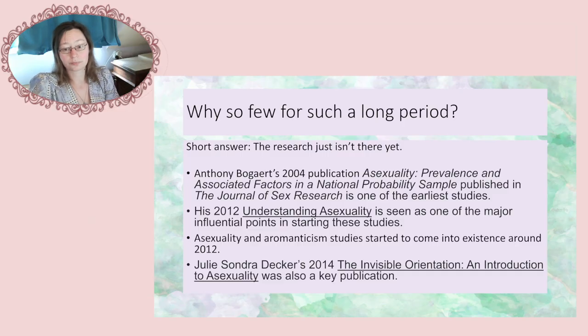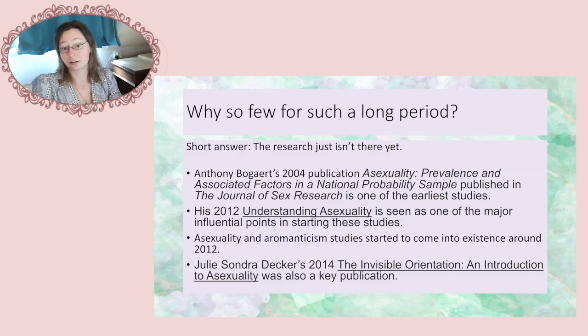prior to roughly 2012. So we have Anthony Bogart, who is kind of seen as the father of asexuality studies. The earliest study we have is his Asexuality: Prevalence and Associated Factors in a National Probability Sample from 2004.